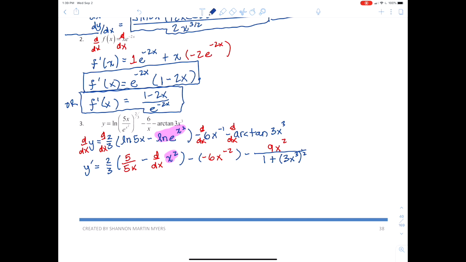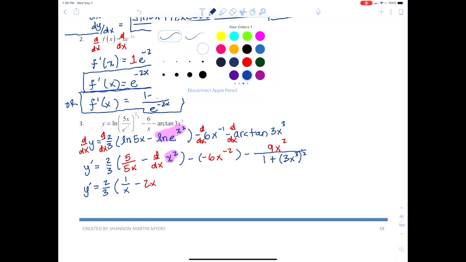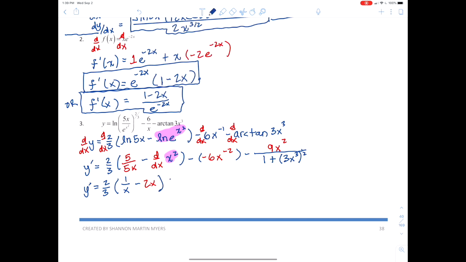Okay, so now what's going to happen? We will get y prime equals 2/3 times 1 over x minus, differentiating this guy, I'll get 2x, and then plus 6x to the negative 2 minus 9x squared over 1 plus 9x to the 6.